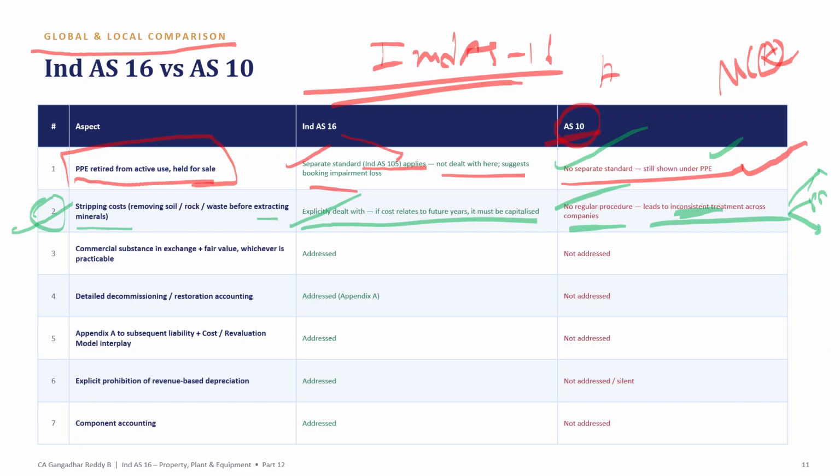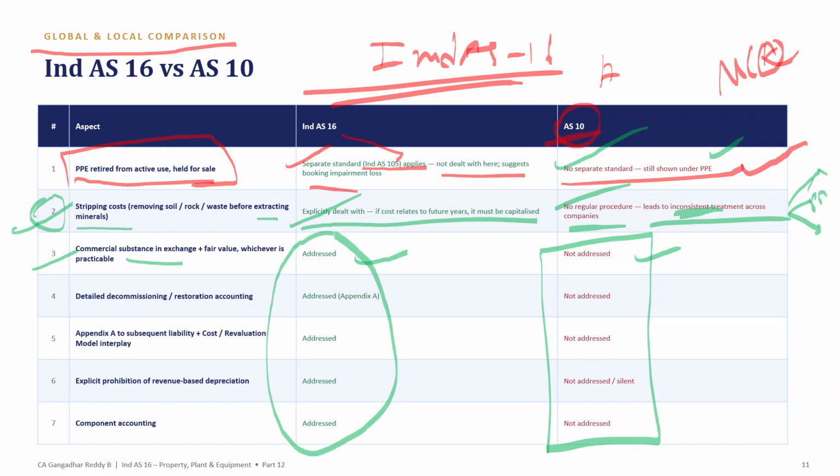And then commercial substance in exchange of fair value, its practical application, all these commercial substance concepts have been addressed in Ind AS 16 but not addressed in AS 10. If the standard tells how to account, then all companies will do that only.